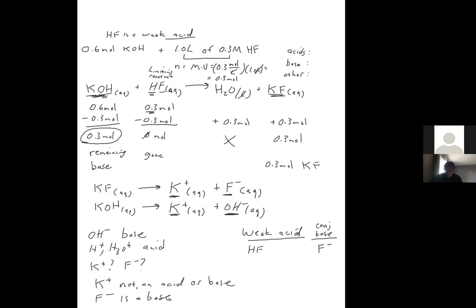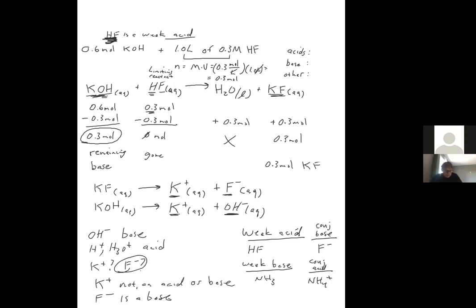Okay. Likewise, if you have a weak base, for example, NH3, the conjugate acid, which in this case would be NH4 plus, it's going to act like an acid. Okay. So you have to know that the F minus is the conjugate base of a weak acid.